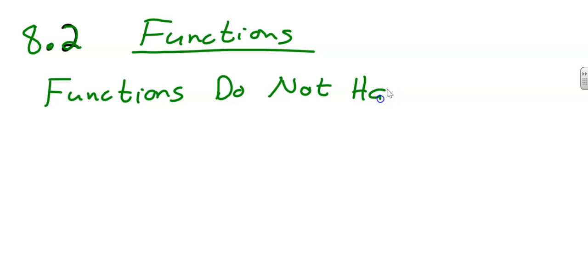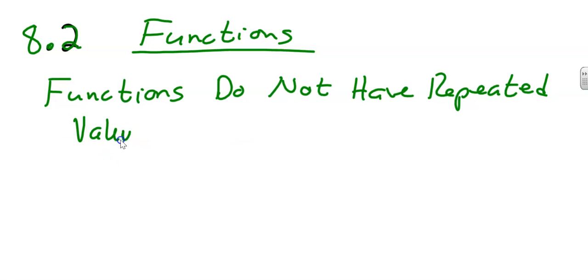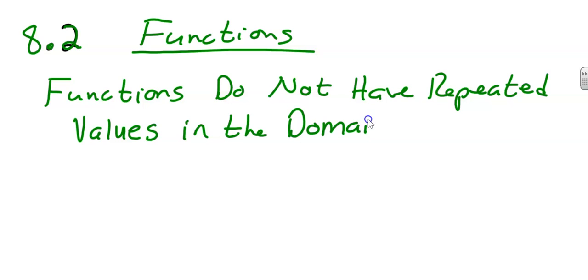Functions do not have repeated values in the domain. Okay, and the big thing, there's nothing about the range when you talk about functions. What makes a function is all about the domain.